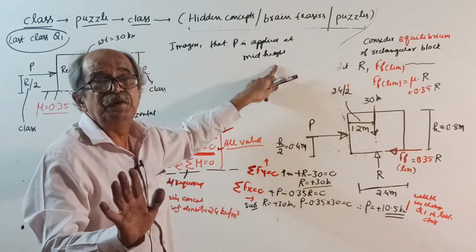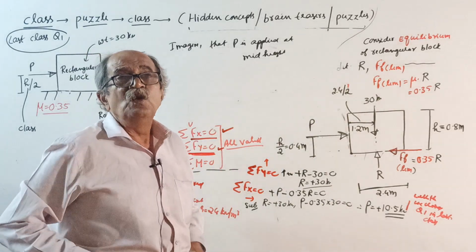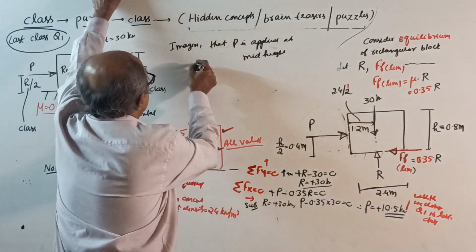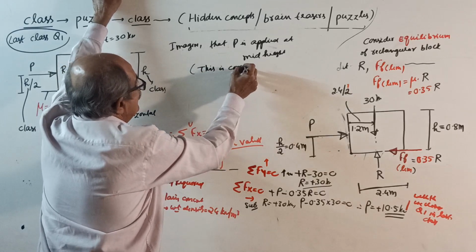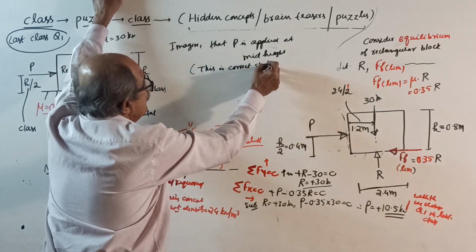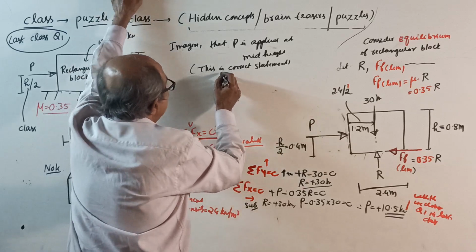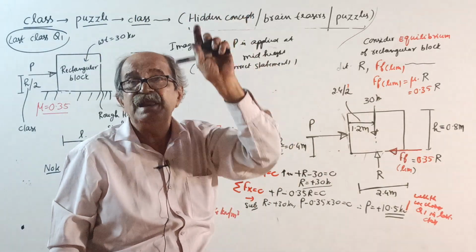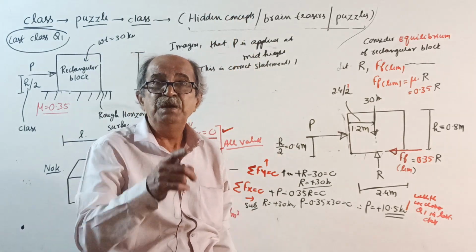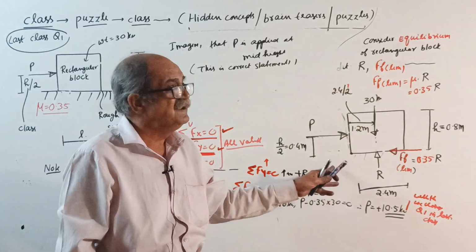Remember, this is not the mistake. Don't say, sorry, it need not be mid-height. No, there is no mistake here. This is a correct statement. If the statement is wrong, there is no meaning for the question. There is some technical mistake, and that I want to find. People with brains or good knowledge, I know the answer.